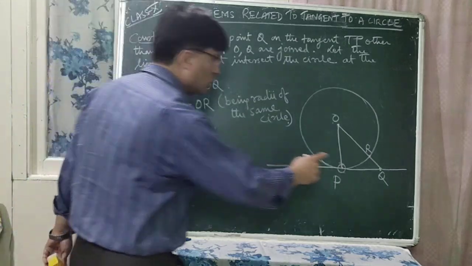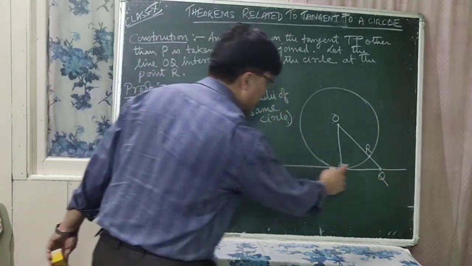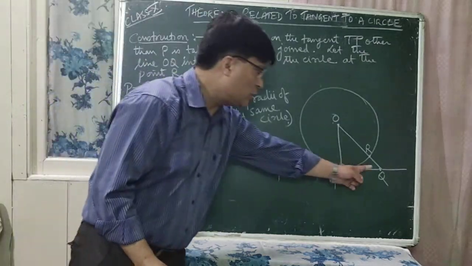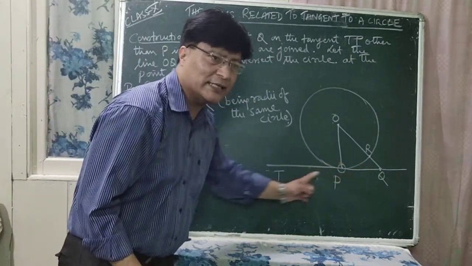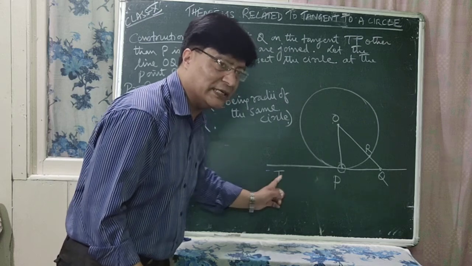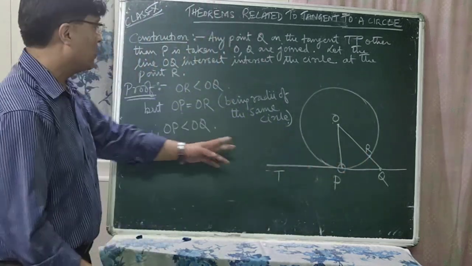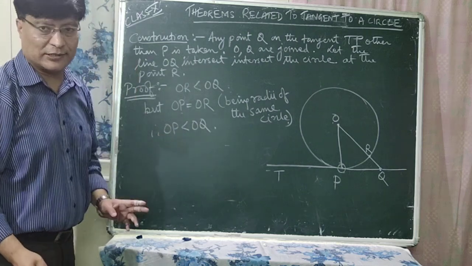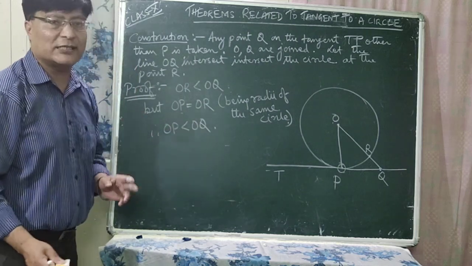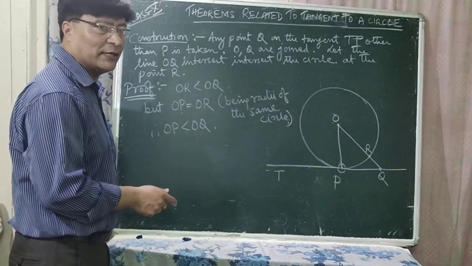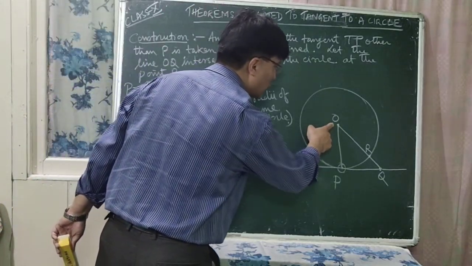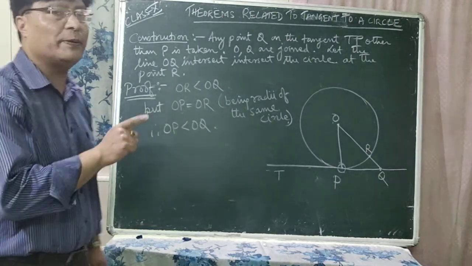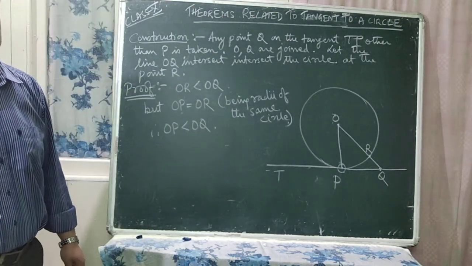Now here Q is any point on the tangent TP other than P, isn't it? So in this case, OP is the least distance of all the line segments drawn from the center O to the point Q, and this least distance OP is always the perpendicular distance.